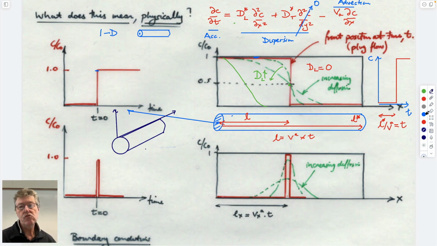If this is concentration on the top and this is length, then this could look like this, right? If I draw this figure out in a perspective as it gets carried along here with the flow of this material. So we could also think of it in terms of a geometry that's more useful to us.